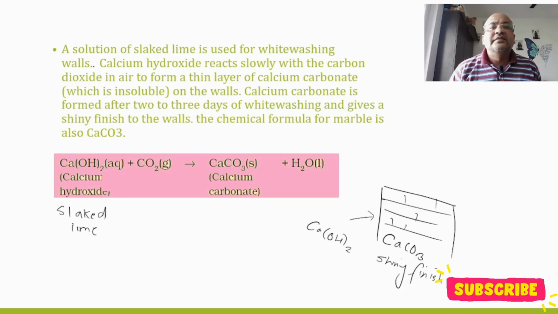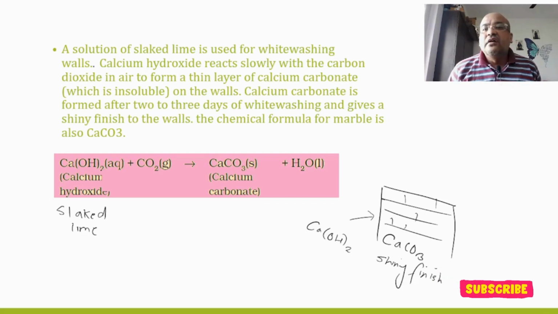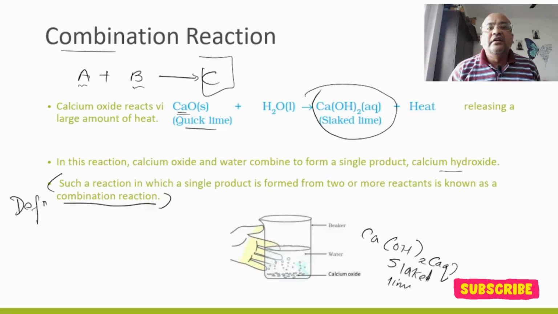Now let us see the example of calcium hydroxide, which we use for whitewashing walls. We have seen earlier how calcium hydroxide is formed.